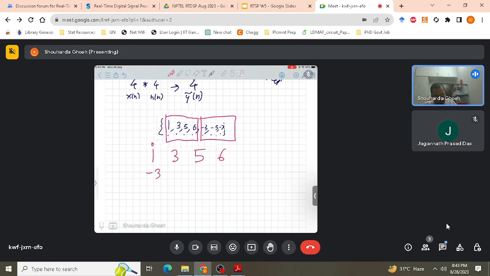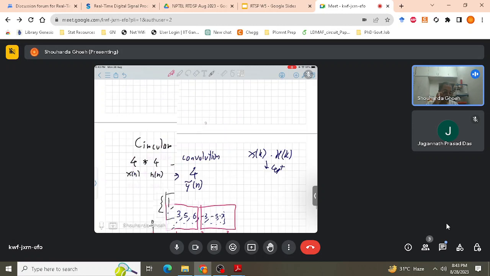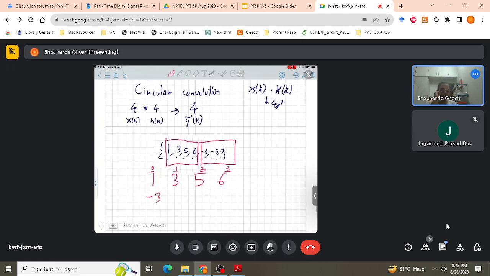So this was 0 position, this was 1 position, this was 2, and this was 3. So this circular convolution, or the fact that you are not appending the zeros, is similar to the aliasing in time domain. Because you have not given enough samples in time, these contents are trying to overlap on each other. Minus 3, minus 5, minus 7.